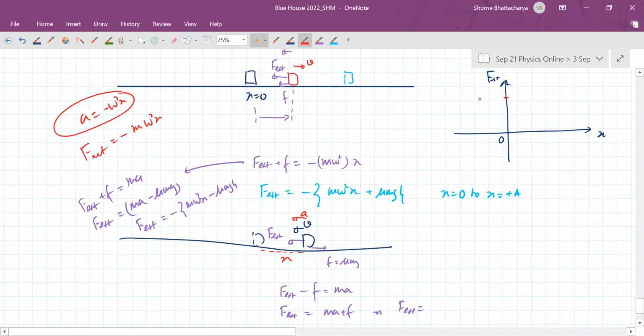So it has to be plus mu mg, and say going like this, something like this. Okay, is this clear now, Prachi? Yes, sir. This is clear.